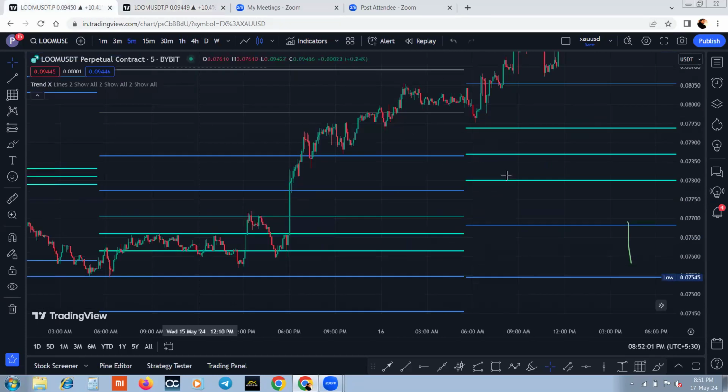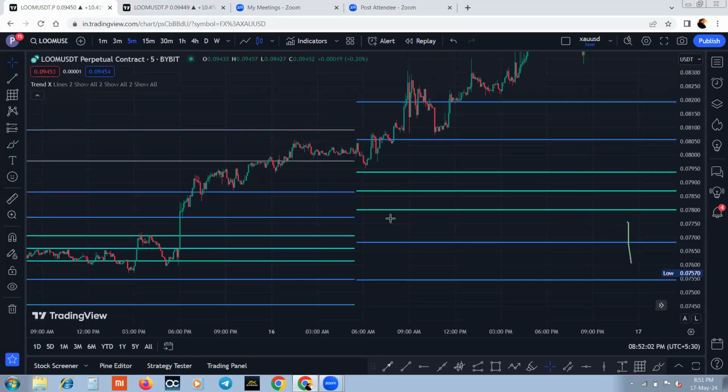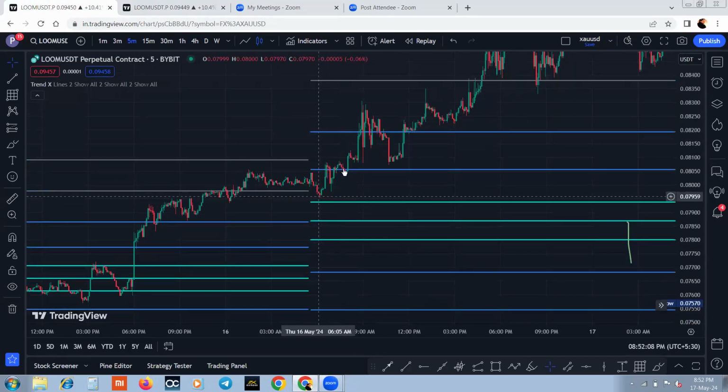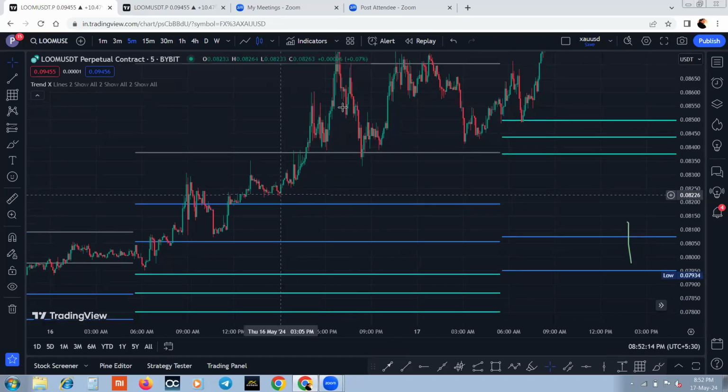So next day you can see again it went long and this was wide, and you won't get any entry. Like early morning it started going, it didn't even come near trend X, and it keeps on going here. You can see, like crazy. It's because of the news.